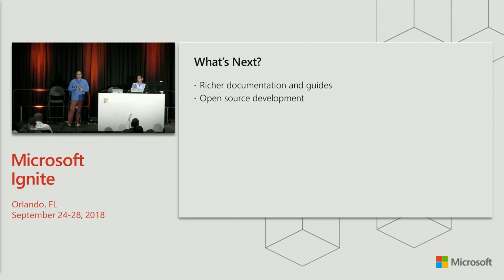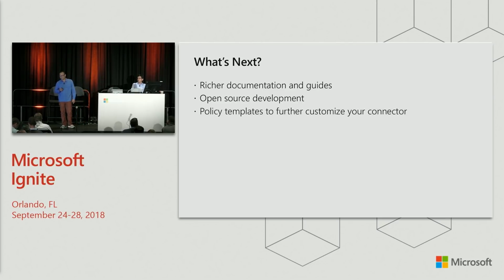Unfortunately, today it's not possible for those developers to contribute back. So we want to get to an open source, community-driven model where we will open source some of the connectors. You should be able to extend that, and you should be able to contribute back as well.